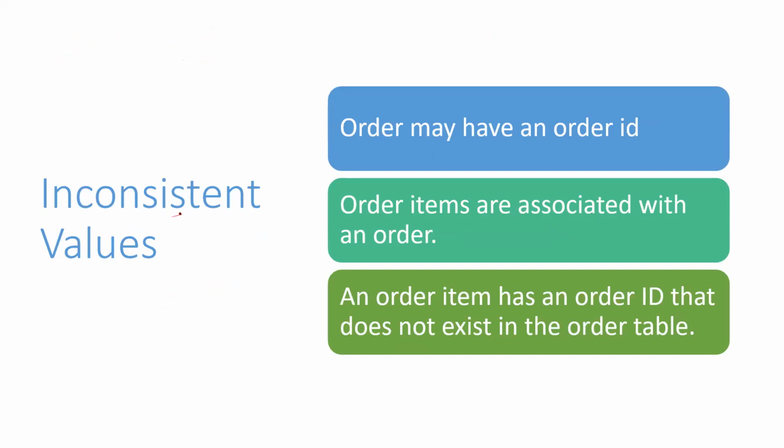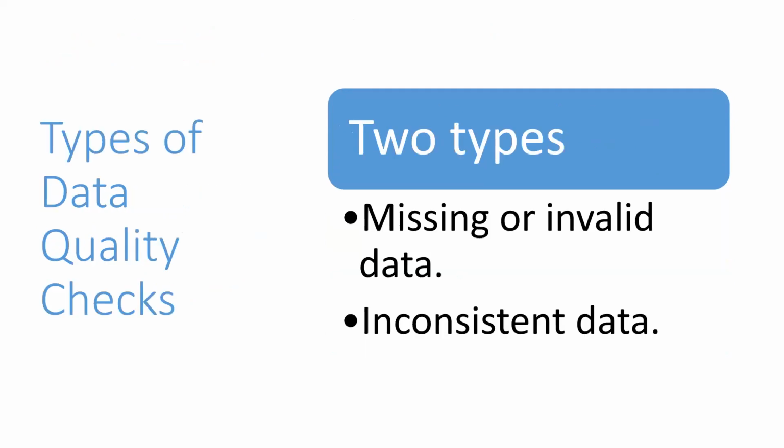So inconsistent values could be something like an order having an order ID. Order items are associated with an order, and if an order item has an order ID that does not exist in the order table, these are the inconsistent values we can have. So the types of data quality check are two things: a missing value check, and an inconsistent value check.